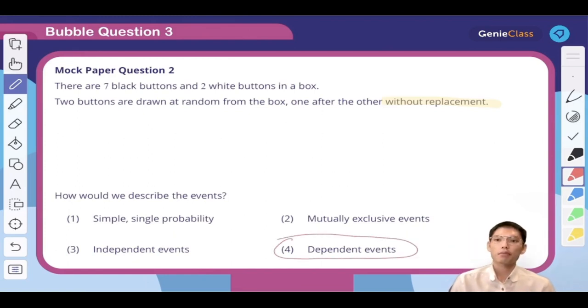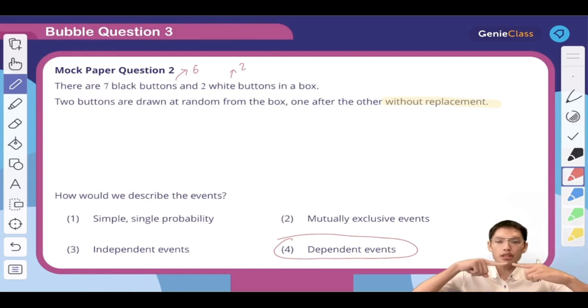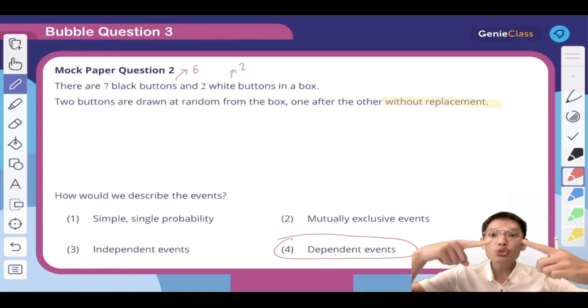Why is this dependent? Let's think about this. The first one, I picked a black button. I'm not replacing it. My chance of getting a white button becomes higher. At first, there are 7 and 2; I picked one, so there's only 6 and 2. The probability of picking a white button is going to increase.